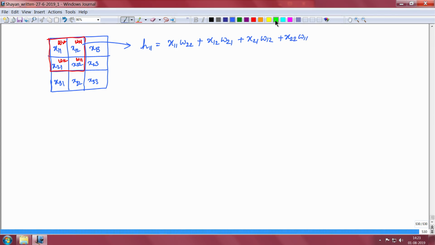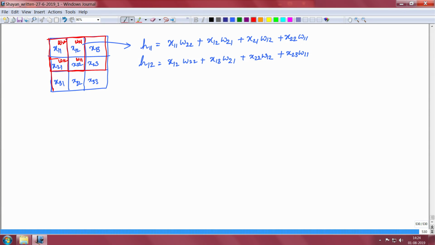Similarly, the filter will be moved to the next location. Now, I define another term called H12 which is given by X12 W22, X13 W21, X22 W12, X23 W11.